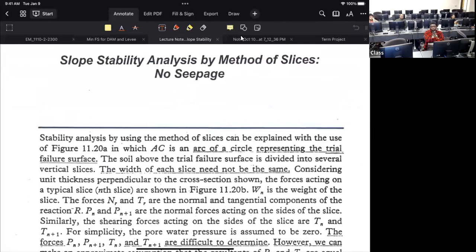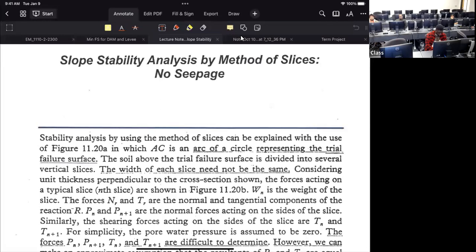Okay, so my question is, why do slopes fail? Because of the loss of shear strength. Okay. What if you don't have a loss of shear strength?